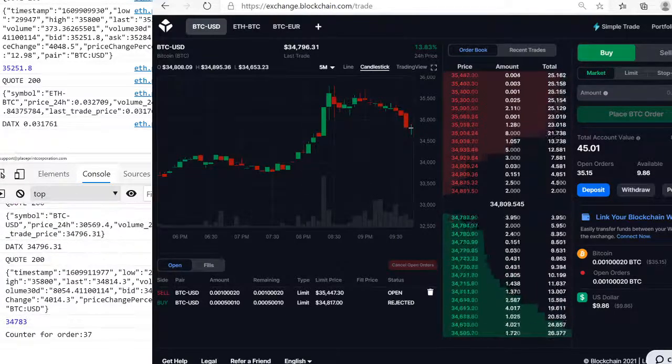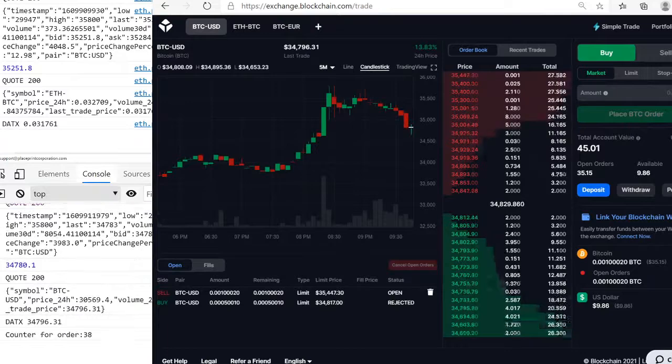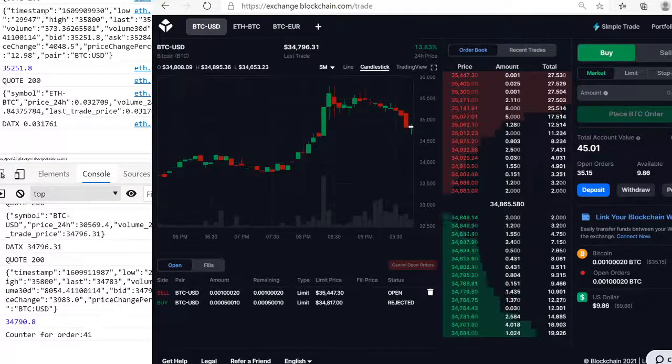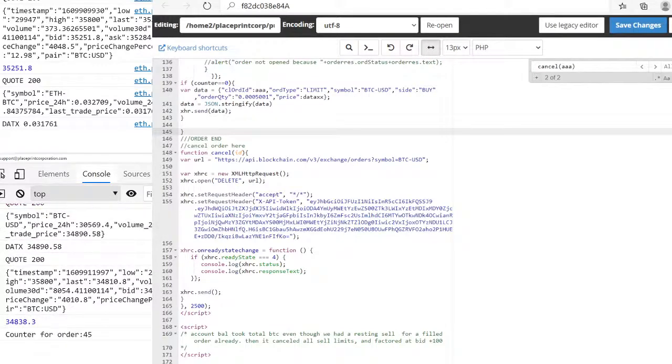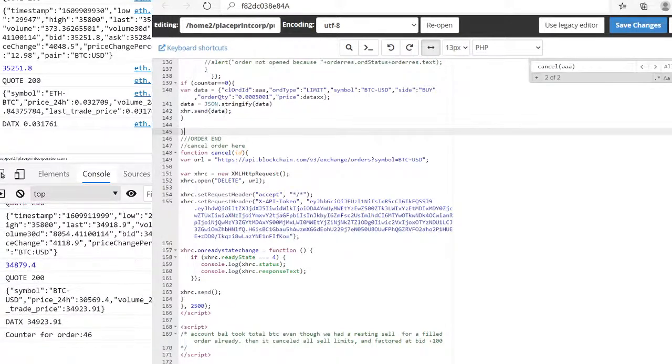So, yeah, people are selling. I just want this order to cancel and be replaced by a lower one. And we can do a quick change. So, okay, good. What are we going to change here? Assuming that this is not going to cancel.